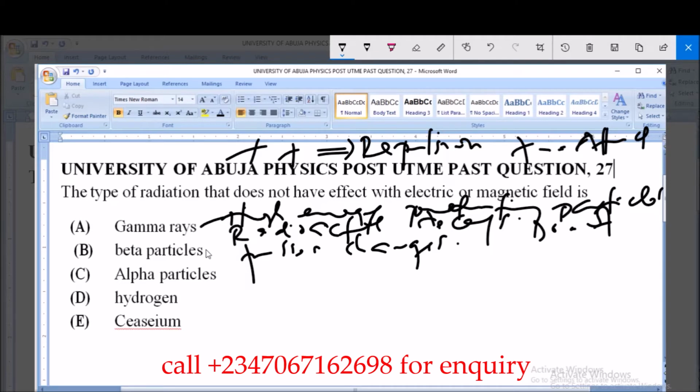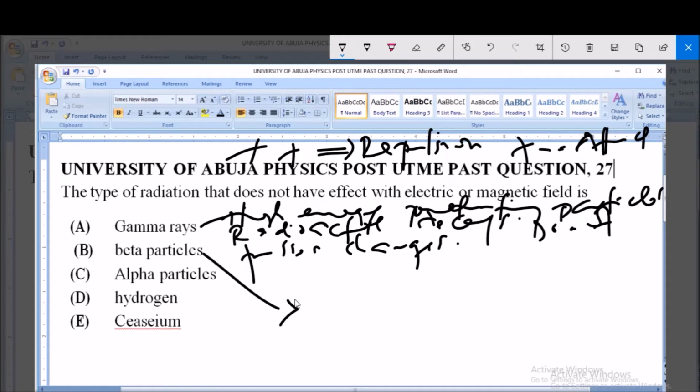Now we have beta particles, which are also particles. Beta particles are negatively charged. Due to the charge possessed by these particles, they can react to electric fields.